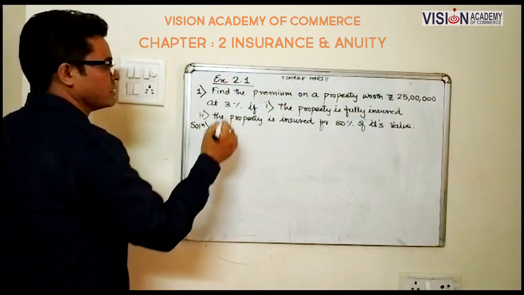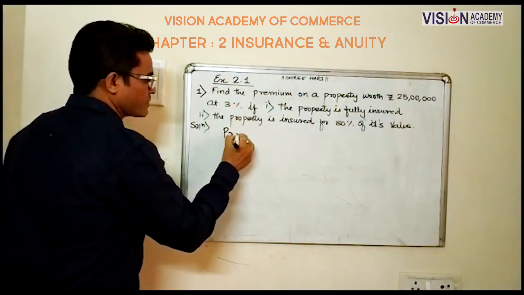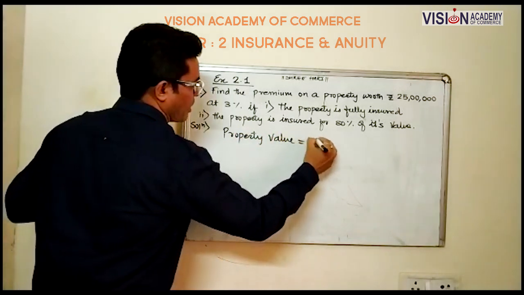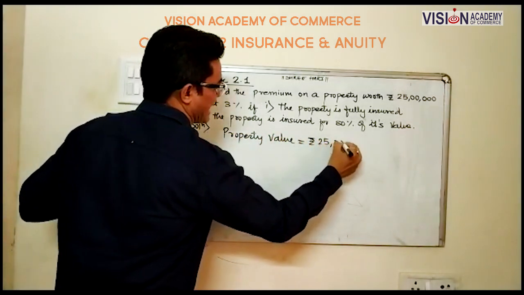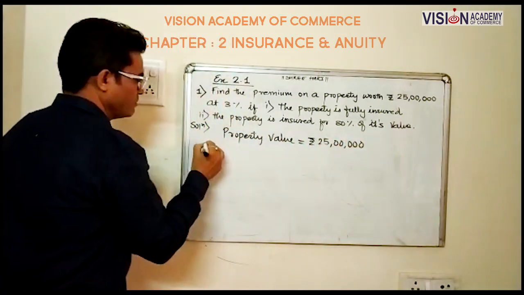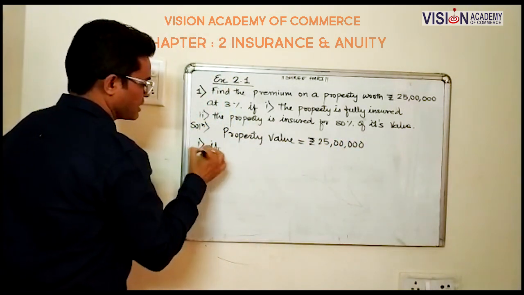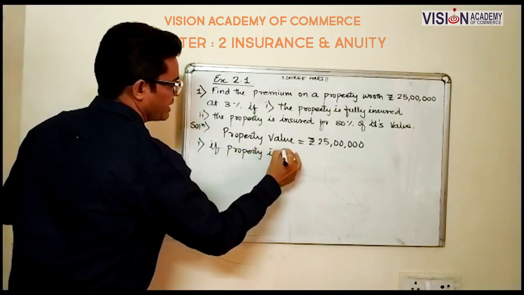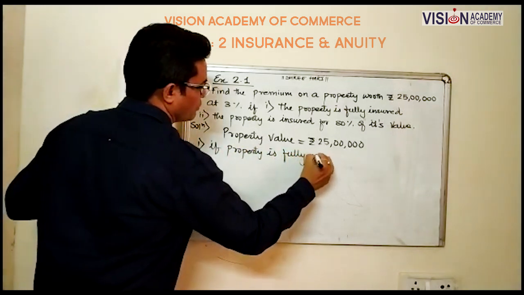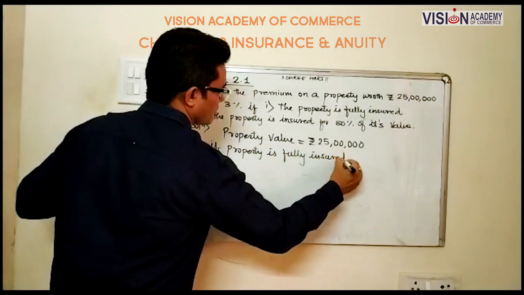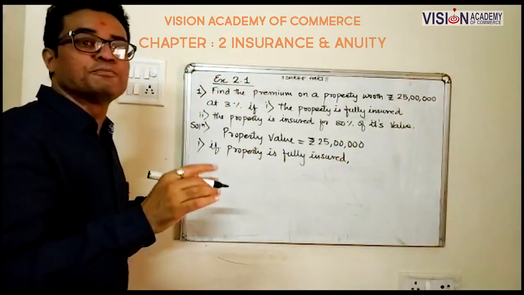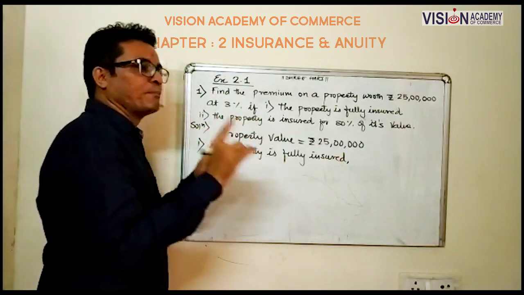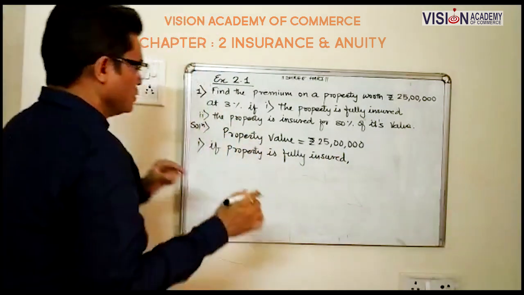Now see the solution. First thing, we are given the property value. Your property value is rupees 25 lakhs. As per the first condition, if your property is fully insured, here your property and policy values become the same.